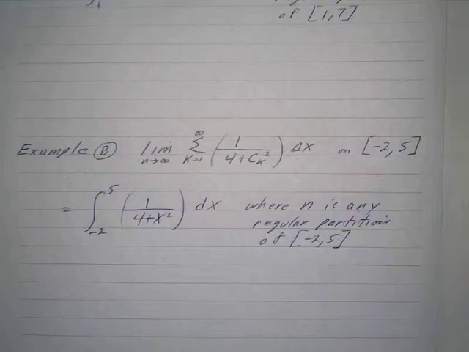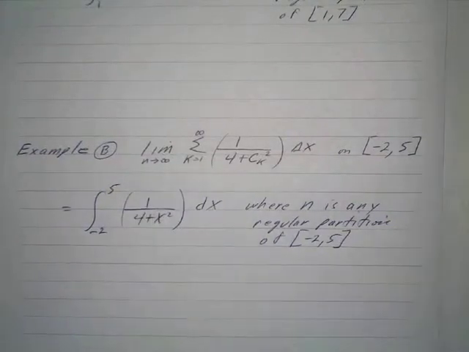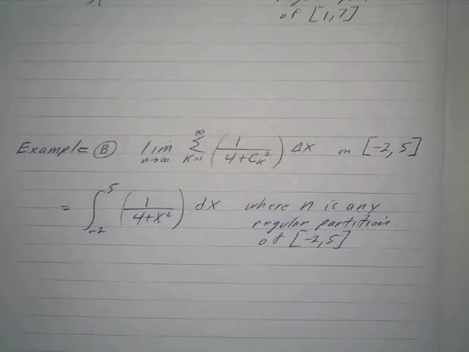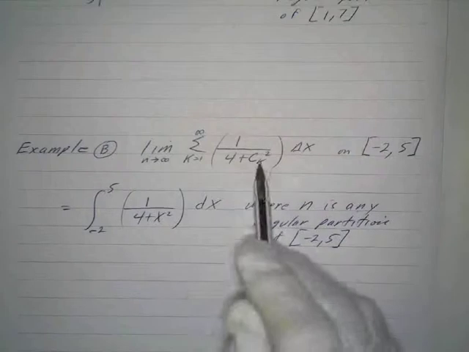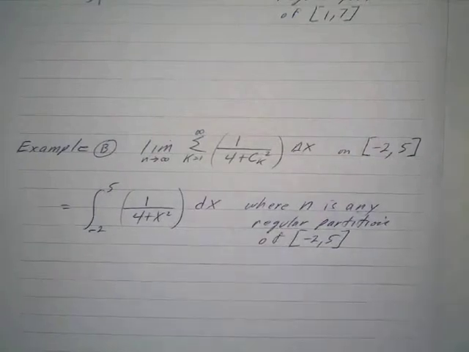Okay, now there's just a regular partition. We can call it n because that's just going to be the number of rectangles we're going to be having. It's going to be approaching infinity. Okay, and my k starts from 1 and goes to infinity, so I'm summing up all these infinite number of rectangles. I'm going to get the area under that curve.